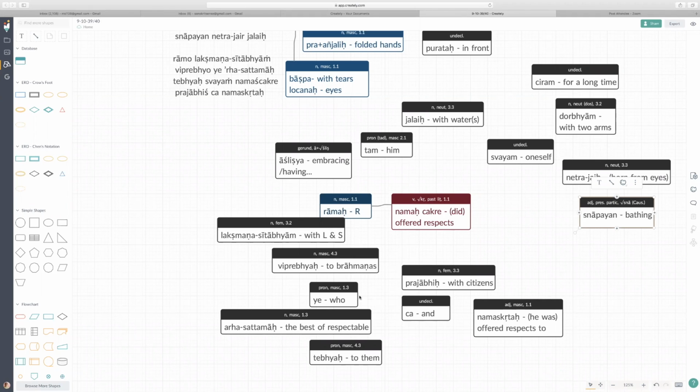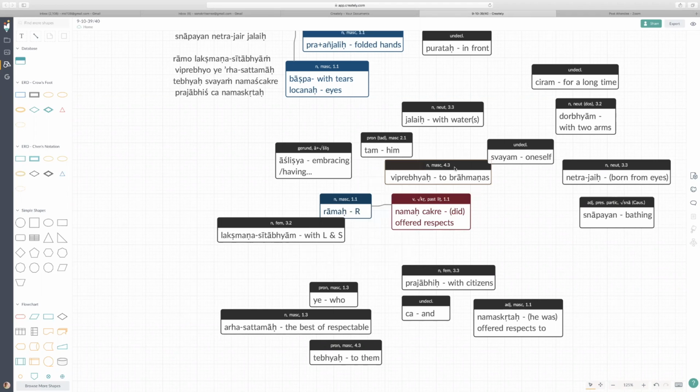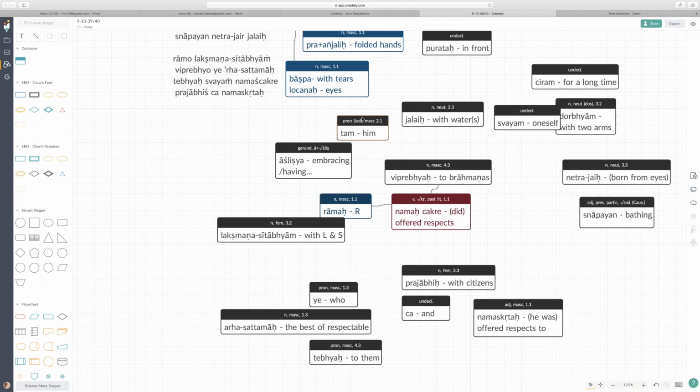Prajabhi. And this is the point I wanted to tell you, that this is not technically an object. How do we call it? It's a recipient, but the thing is, he's not giving anything here to anyone.